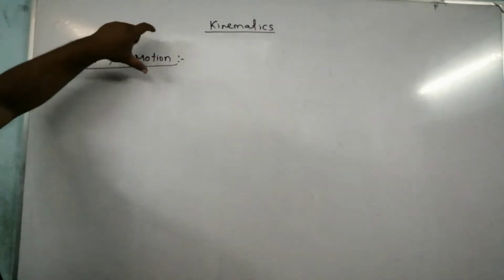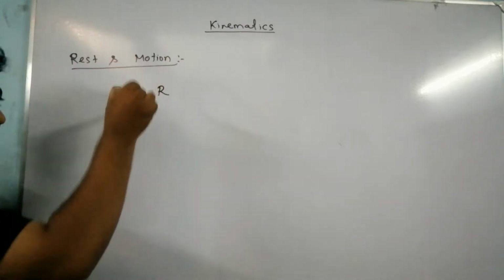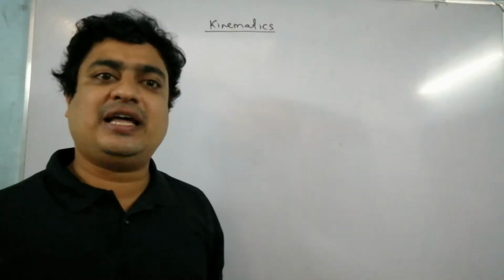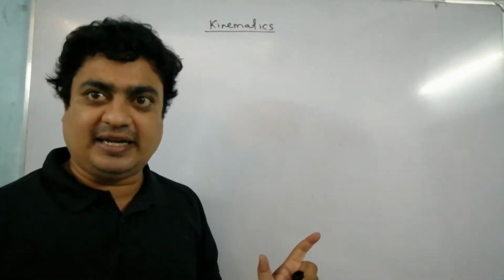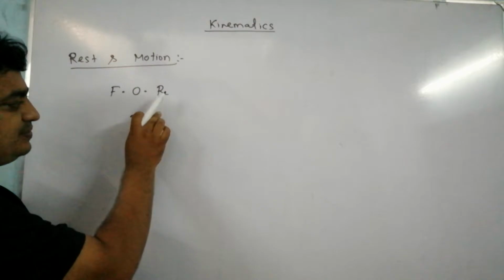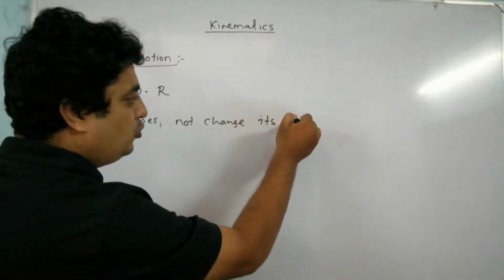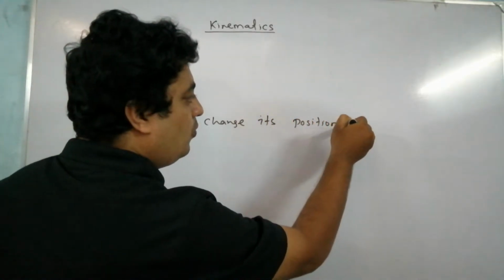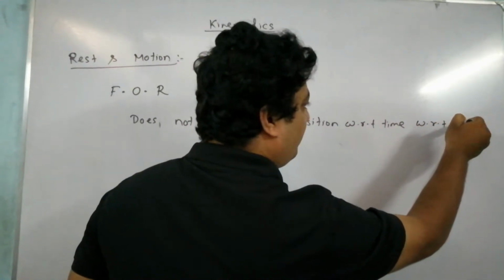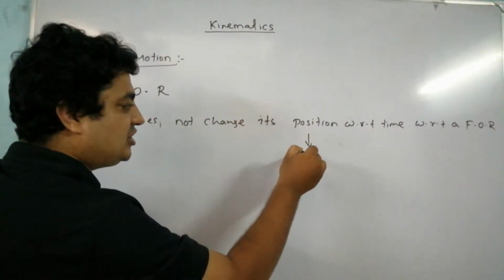So, to study rest and motion, first we have to know frame of reference. Frame of reference means a coordinate system from which we can measure the position of a particle. So, if a body doesn't change its position with respect to time, with respect to a frame of reference, then that is called a rest.